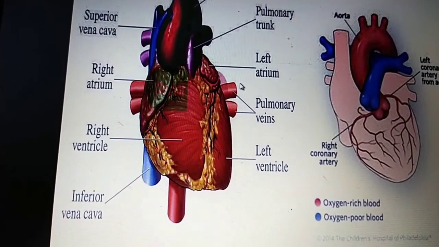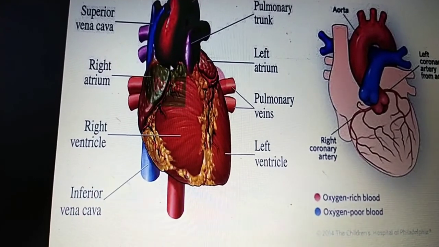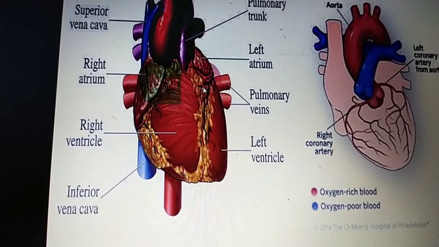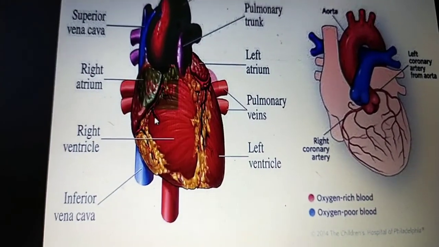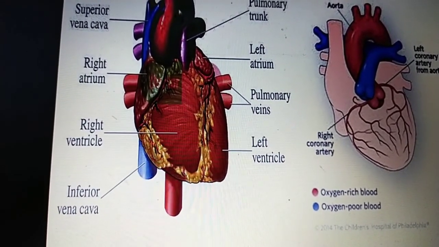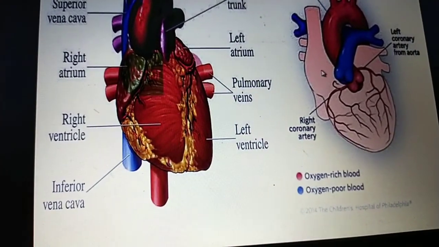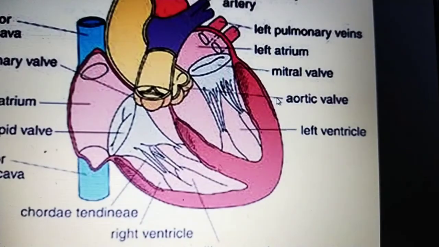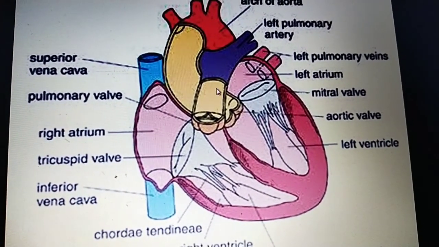You can see here, this is the coronary sinus, this is the auricle of the right atrium, the left atrium. This is the left coronary artery, and this is the right coronary artery. This is the ascending aorta. Posteriorly you can see the descending aorta. It also overlaps the root of the aorta.